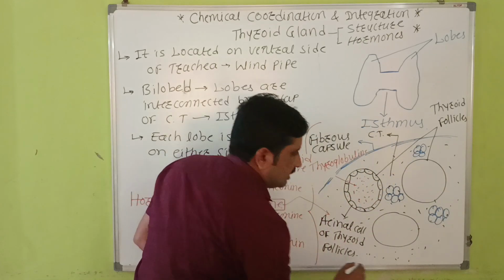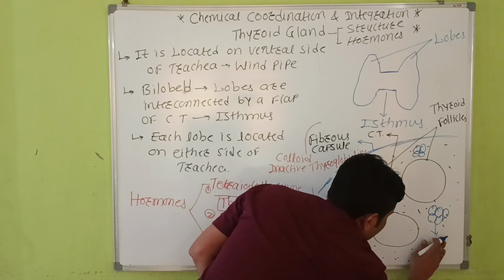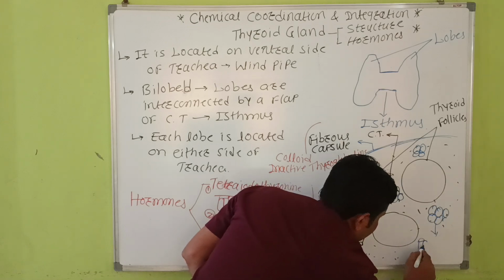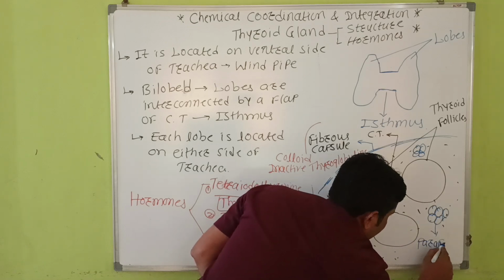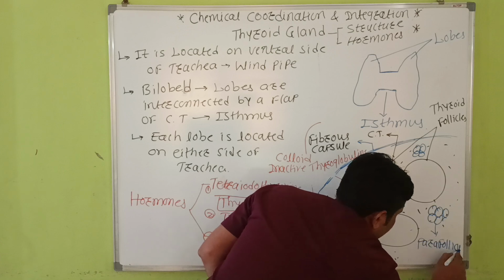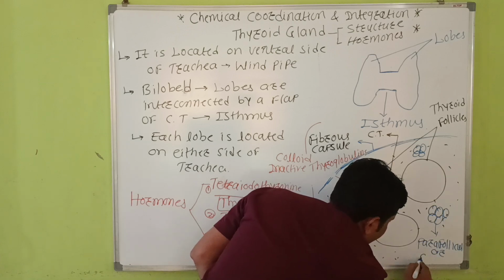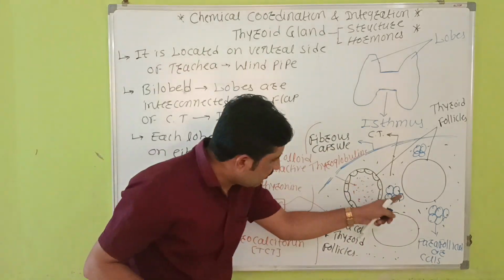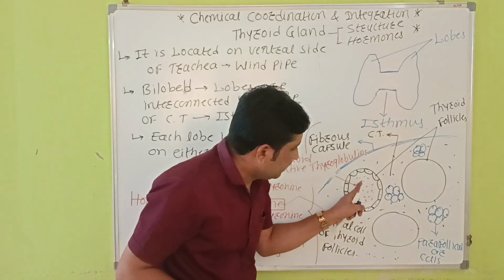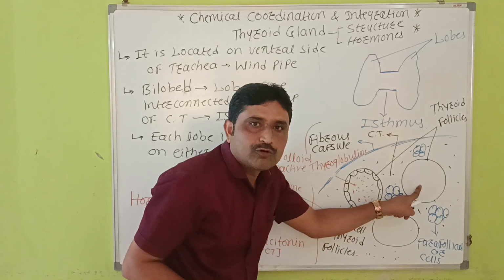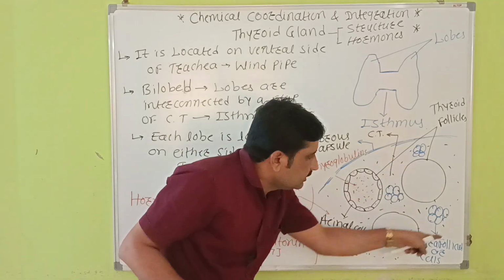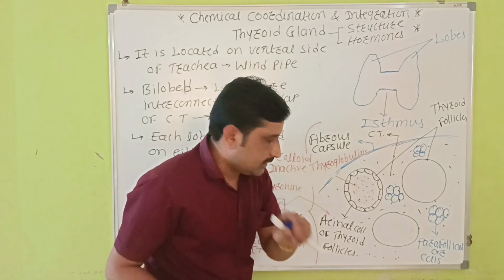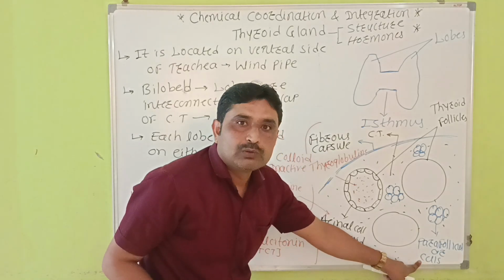This group of cells is known as parafollicular cells. What do we call them? Parafollicular cells. So the group of cells present in between the thyroid follicles, scattered in the connective tissue, is called parafollicular cells.